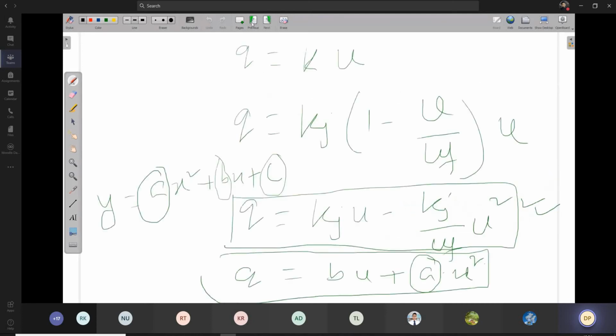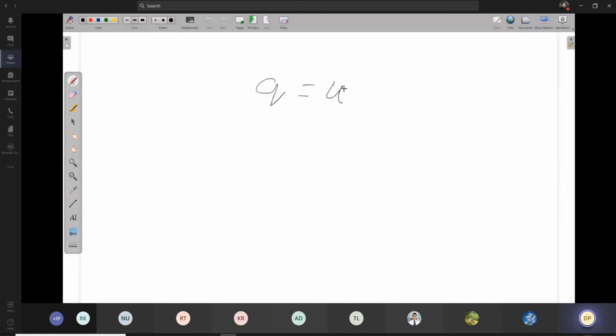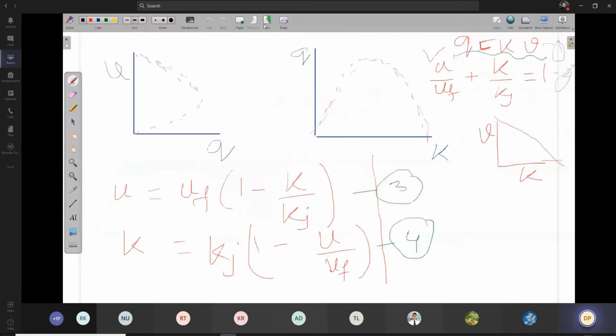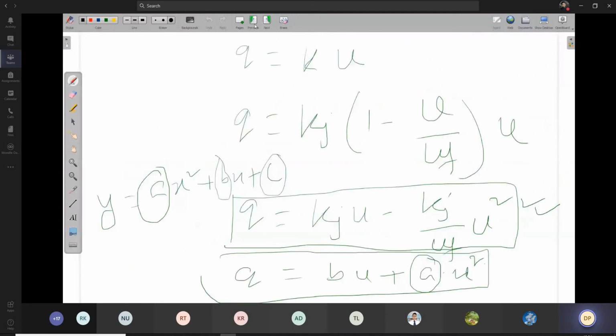Let me write the original equation: q is equal to, in terms of kj and uf, kj u minus kj by uf into u square.